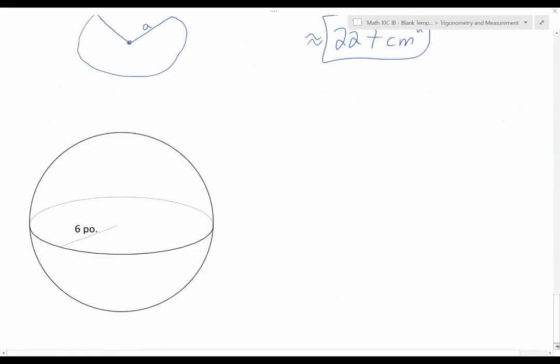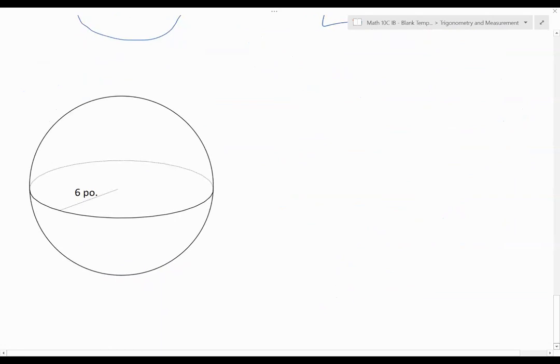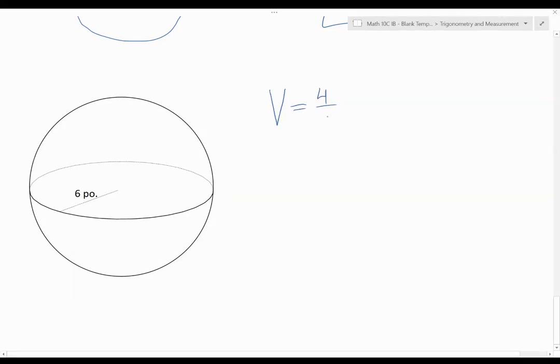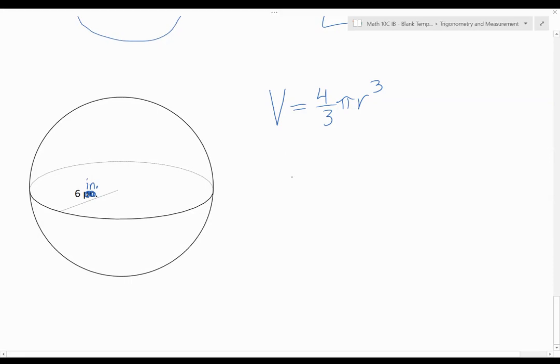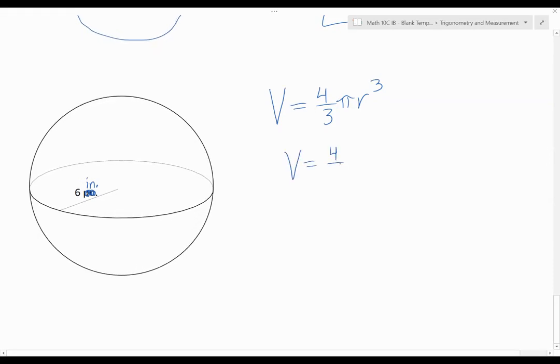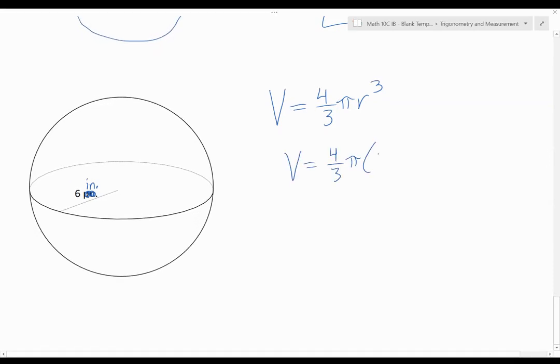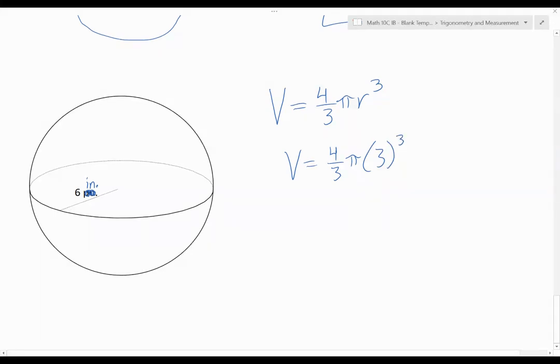And then our final shape is a sphere. And again, in calculus, you'll learn where this formula comes from. But the volume of a sphere is 4/3 pi times the radius cubed. So again, I forgot to translate this from French, so that is in inches. The volume is going to be 4/3 times pi times that 6 cubed. Oops, I wrote 3. Don't know why I wrote 3 when I said 6.